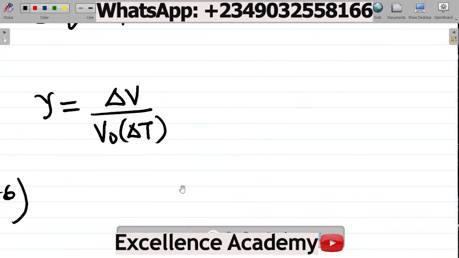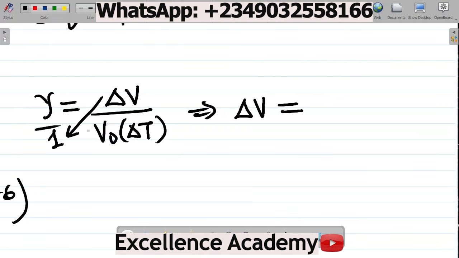Let's get change in volume. All of this is over 1. Change in volume times 1 gives you change in volume, which is equal to gamma times initial volume times change in temperature.